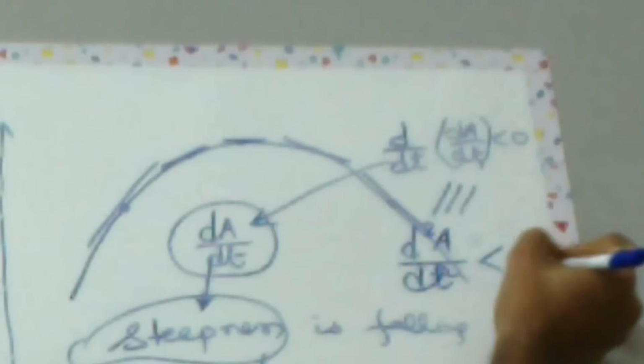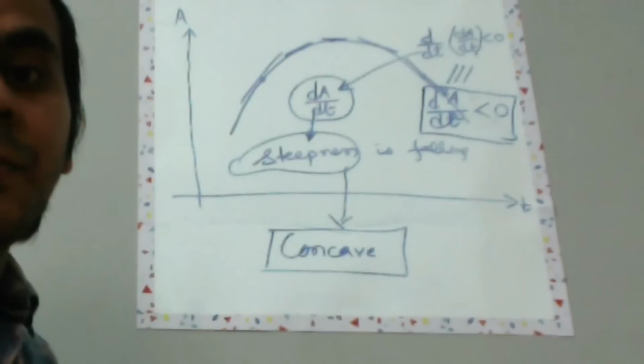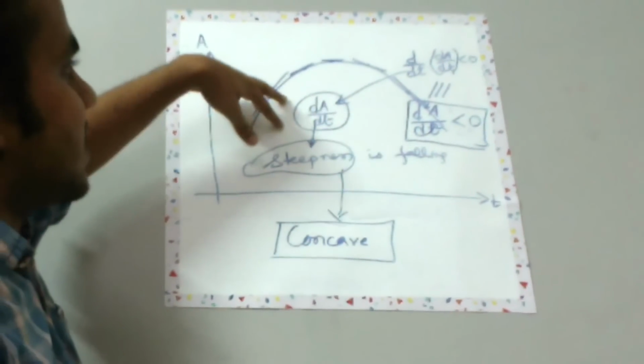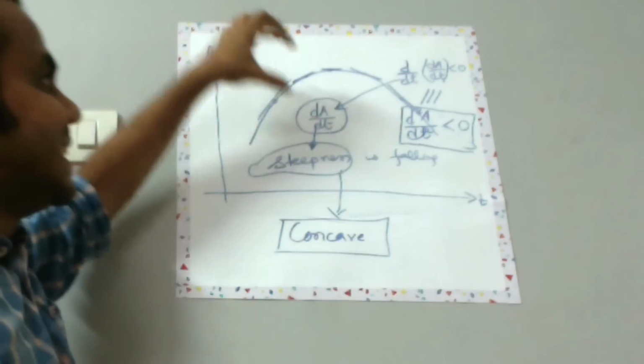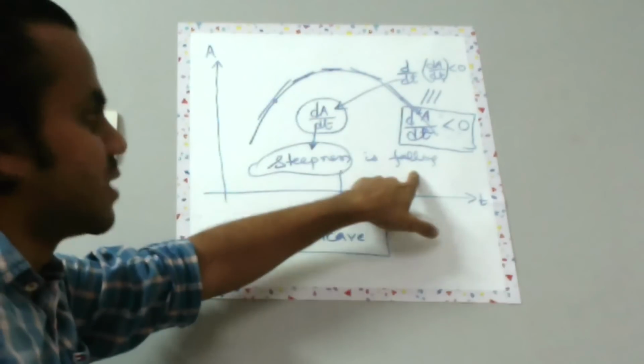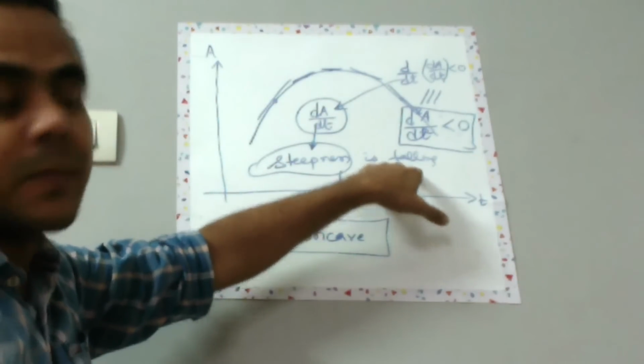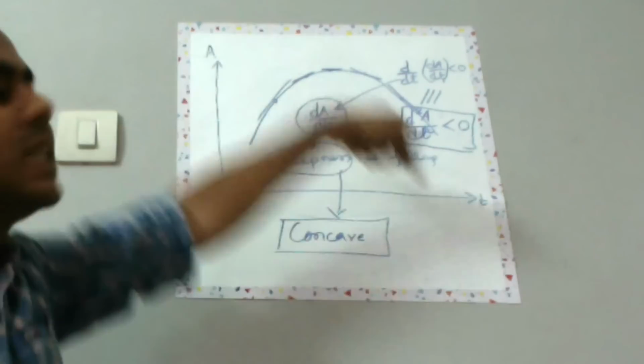And we can write this guy as d2A/dt2 less than 0. So this is the idea of a concave growth or concave function. d2A/dt2 is less than 0, or the slope is falling, or the rate of increase in A is falling, or the rate of change in A is falling.